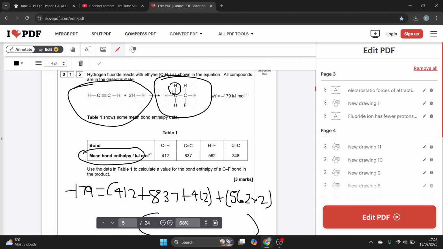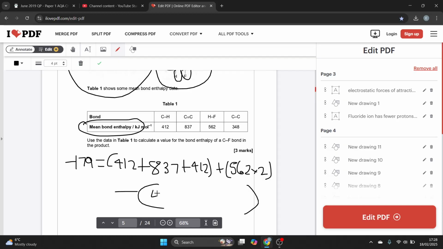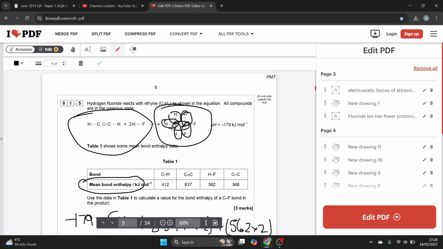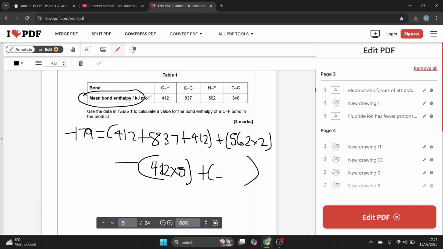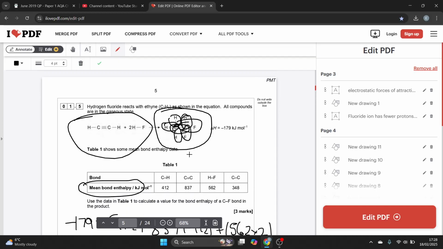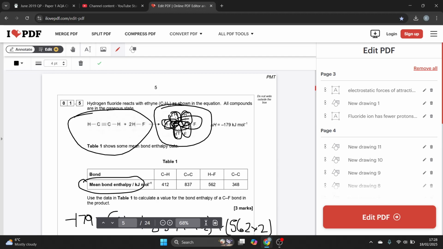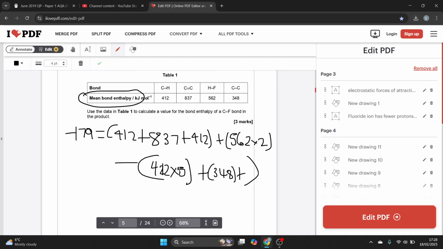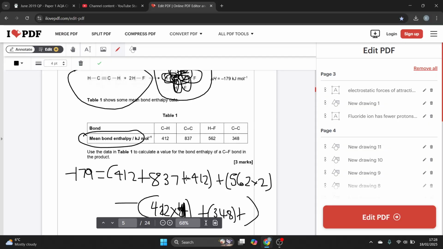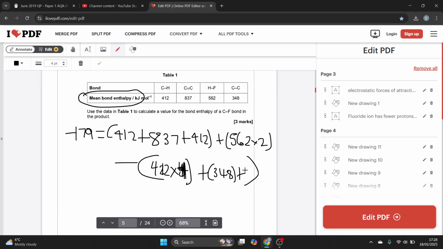Well, I've got one C-H, another C-H, another C-H, so that's 1, 2, 3, another C-H, 4, another, 5, so 412 times by 5 plus a carbon-carbon bond, which is 348, plus your C-F bond, which you're trying to find. Oh no, I've got 1, 2, 3, 4, only 4. That's a C, that's an F, plus 348. That's an F, I thought it was an H, so then plus 2y.